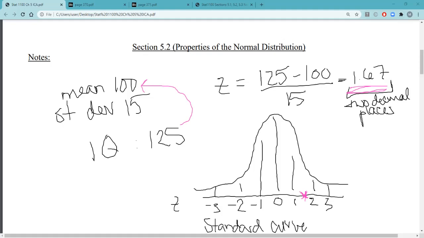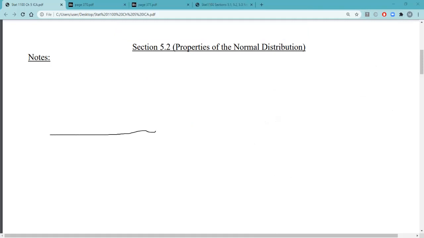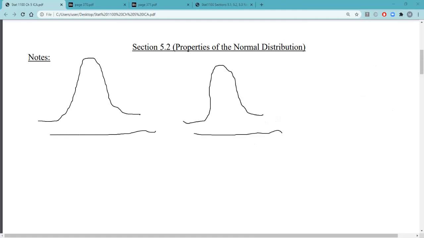So what we want to do with the z-scores moving forward is we want to be able to find the percent of data that lies on our curve, either below that value, above that value, or between 2 z-scores. So what I'm going to do now is I'm going to clear the screen and I want to show a quick table. So let me go ahead and just get a curve out here so we can visualize what's happening. And these are all standard curves.